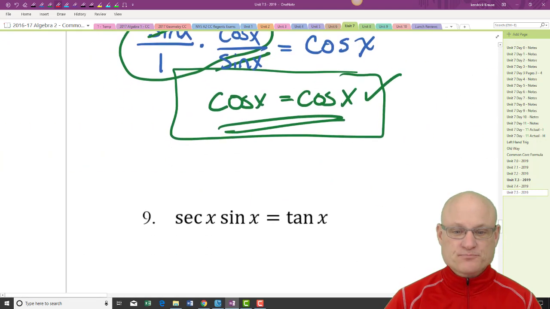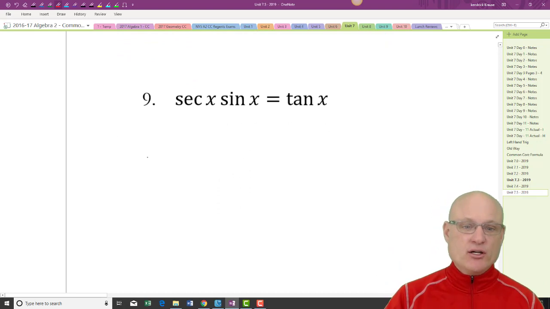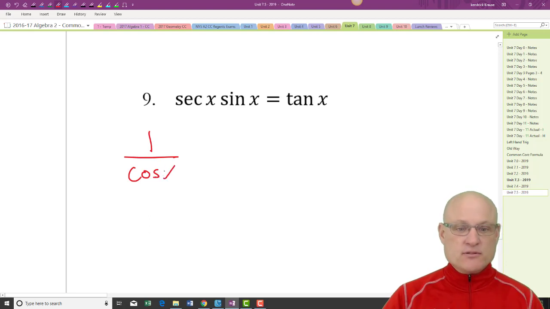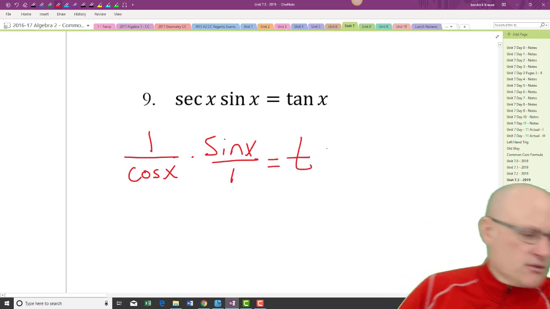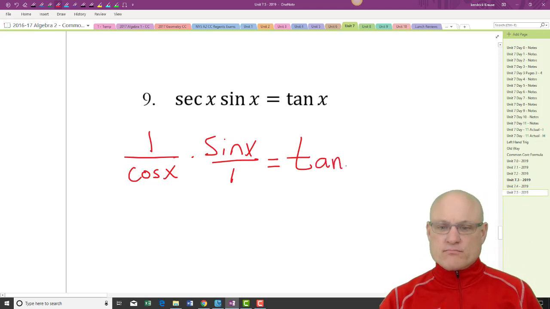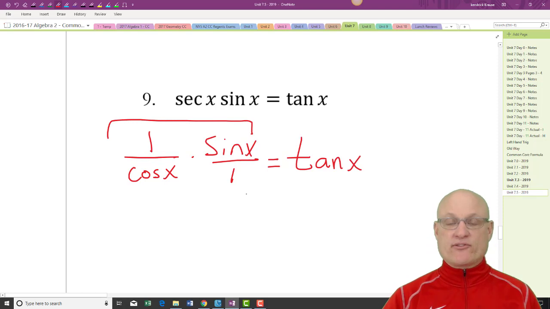Let's do another one. When we're done, it's going to say tan x equals tan x. Let's do it. 1 over cosine x times sine x over 1 equals tan x. Well, it's not good enough at this point to say, oh, okay, yeah, duh, that's tangent x.